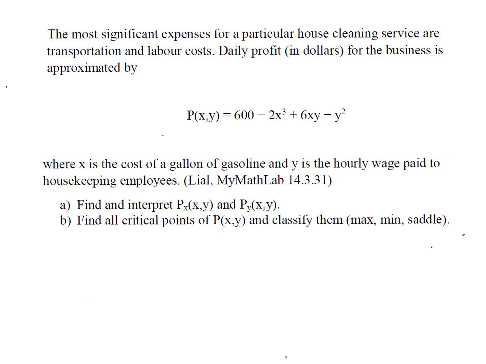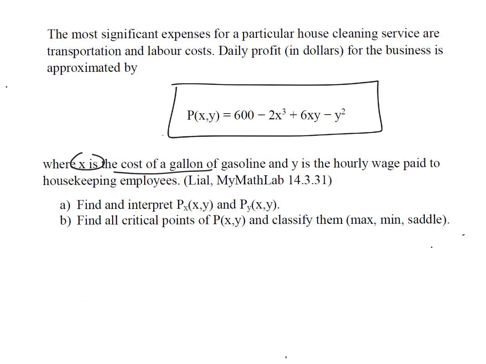It says, the most significant expenses for a particular house cleaning service are transportation and labor costs. The daily profit in dollars for the business is approximated by this function. This is the function we're working with. X is the cost of a gallon of gasoline, which, if you'll notice, gasoline prices are going like crazy right now.